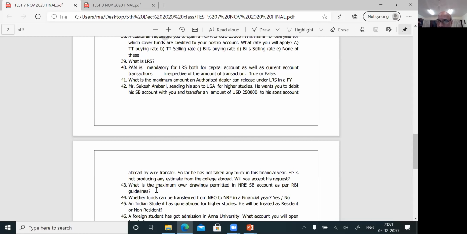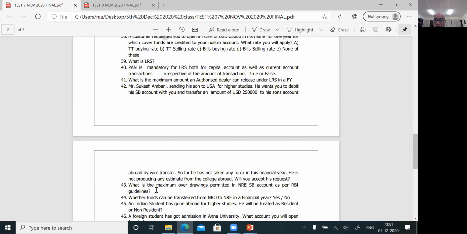From where will you clear it? No local fund should be accepted. Whether proceeds from another NRE account or NRO account or FCNR account, or NRE FDR before maturity closure, you can give credit to the account. So what I want to tell is the NRE SB maximum TOD as per RBI guideline is only 50,000 rupees. It has to be closed within 2 weeks, not from local proceeds.